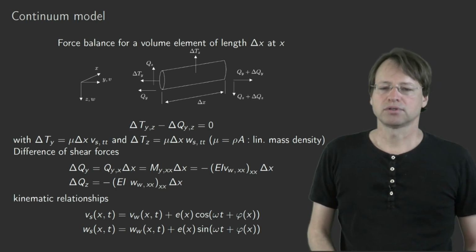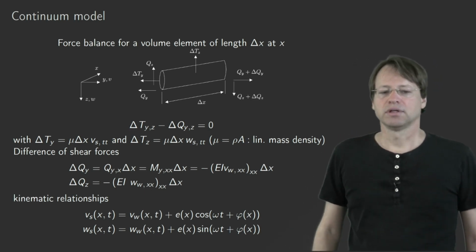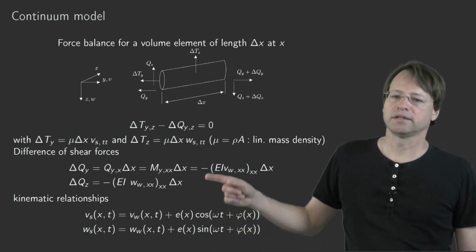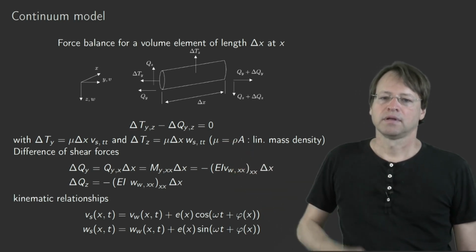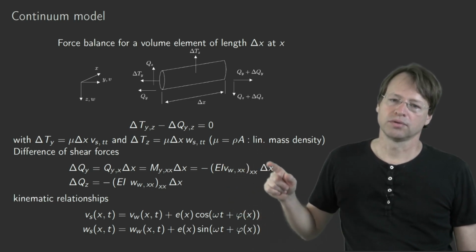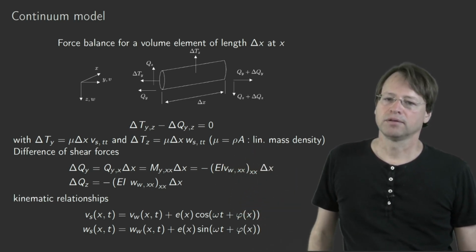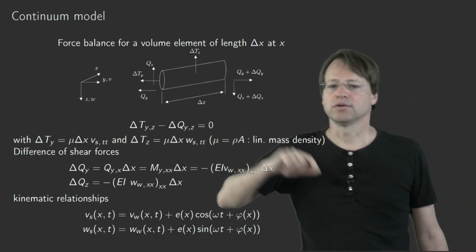Now let's put all this together into these equations of motion. On the one hand, we have the difference in the shear forces, which include the space derivatives here. And on the other hand, we have the inertia terms.